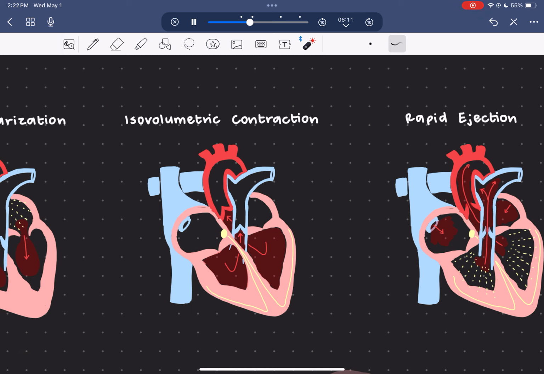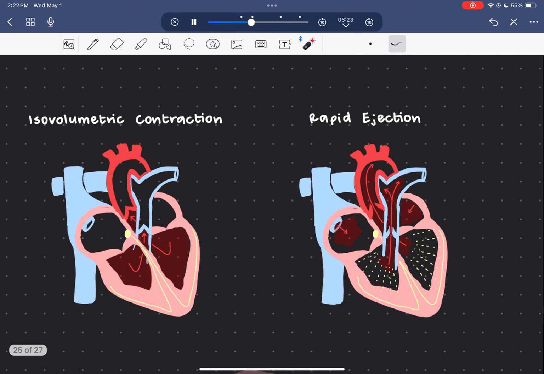The AV node receives a signal, and it's going to send that signal down the left and right bundle branches, up and out through the Purkinje fibers of our left and right ventricles. And that signal then, when looking at rapid ejection, is going to tell the left and right ventricles to squeeze the blood up and out of the heart. And that's what's going on with our heart cells.